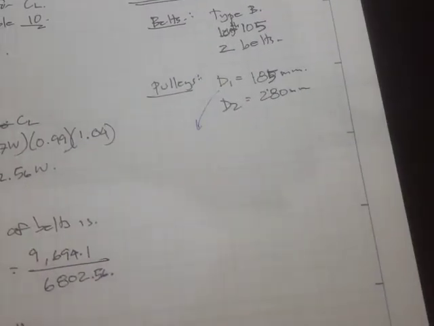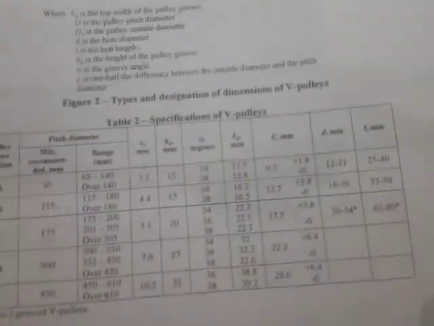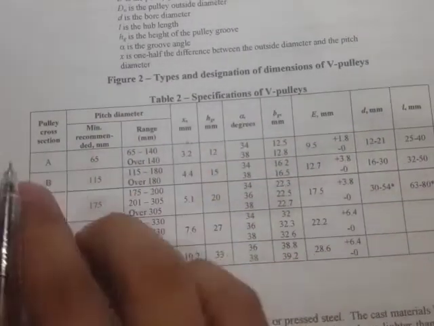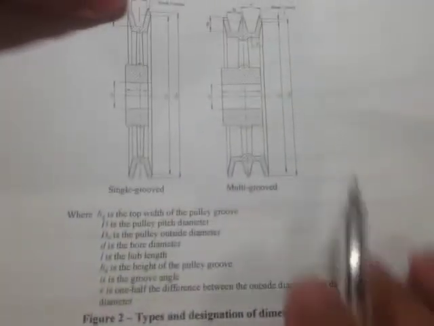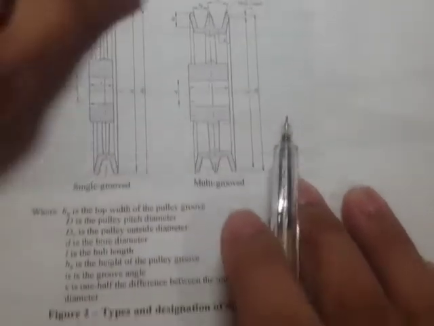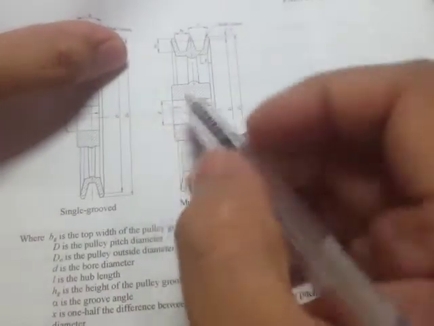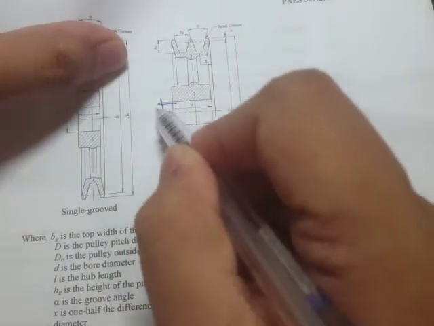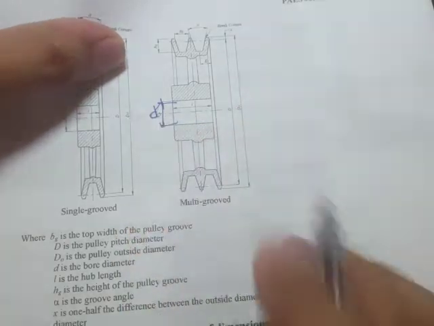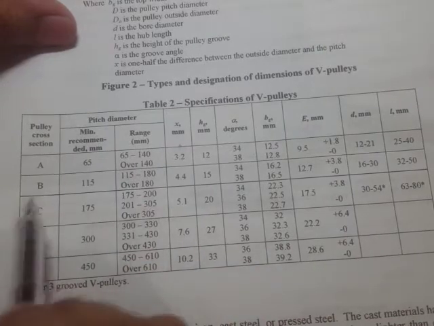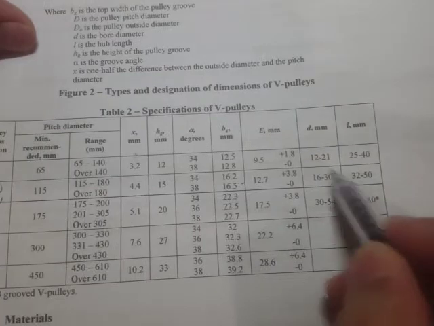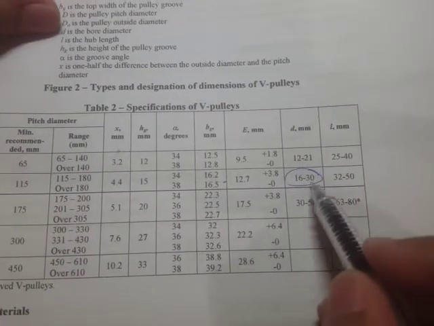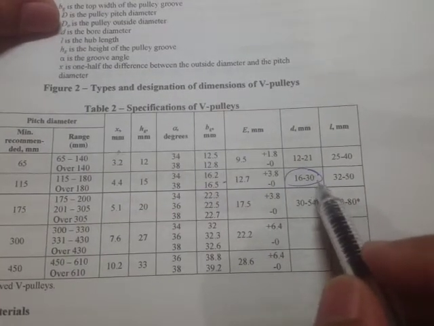So by the way, when we select pulleys, we really have to check if our bore diameter would fit, because right here in this figure, here's actually the bore diameter, and it's designated as letter D. Now if you check here the specifications, so if we have type B pulley, then we have to check this bore diameter, so we only have this range, which is 16 to 30 mm.